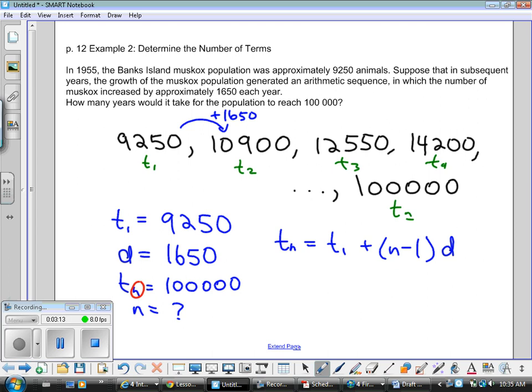So we substitute in the values that we know. We know that Tn is 100,000, T1 is 9,250, we don't know n, but we do know that d is 1,650. Before we solve for n, we can distribute the 1,650.